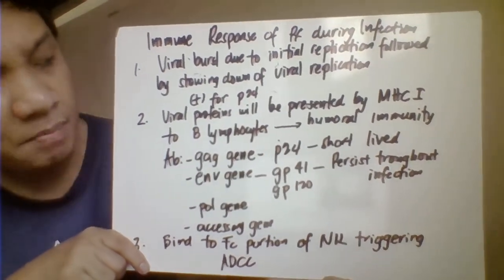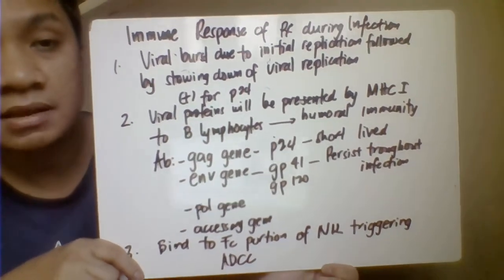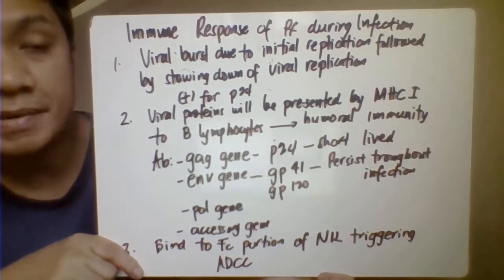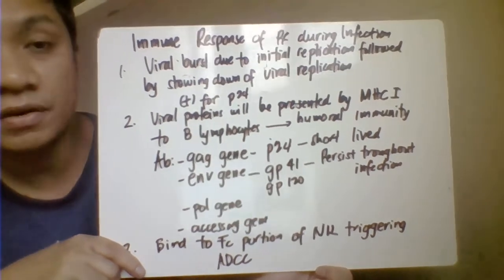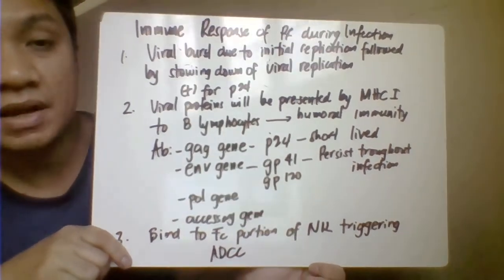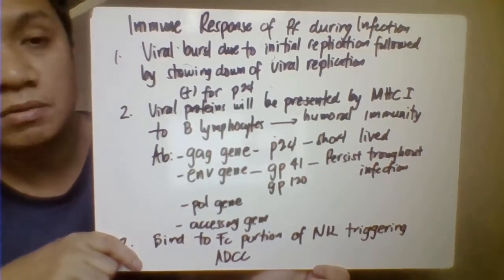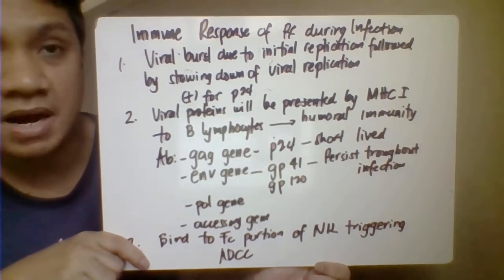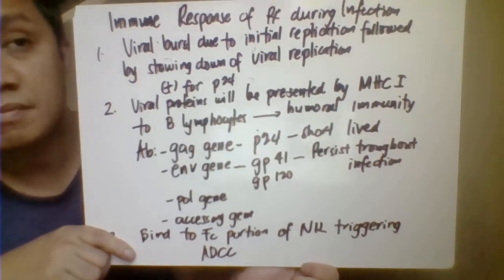The next thing, because of the viral replication, eventually the viral protein will be attached to your MHC class 1 and that will be presented to your B lymphocytes. And that results in the activation of your B lymphocytes that results in your antibody production, activating your humoral mediated immunity. The first antibody to be produced is directed towards your gag gene P24, but then again, the antibody is short-lived, nawawala siya, it disappears faster.